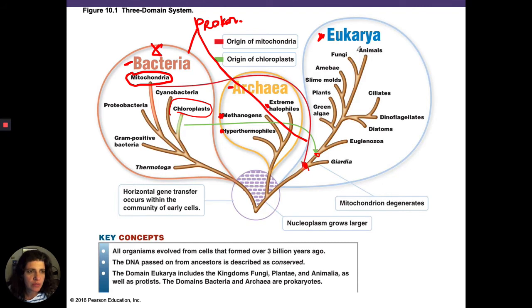Which are the other kingdoms? Animalia, fungi, plants, and what are all these other organisms? Anything that I did not put a little red dot on is classified in the kingdom Protista.